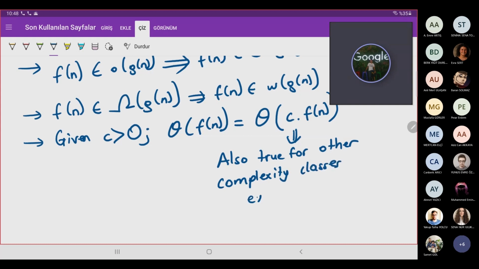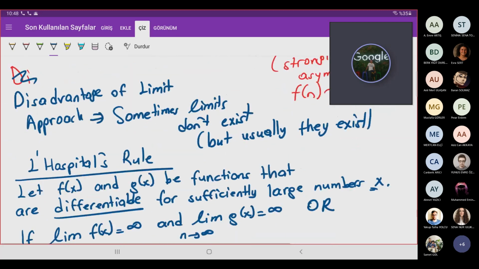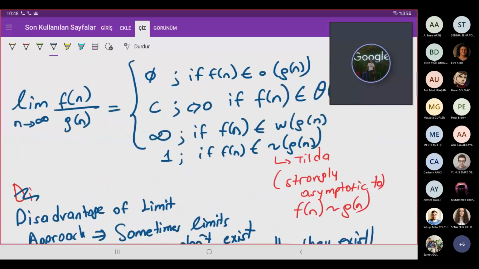Except this very rare complexity class, which was tilde. Remember what tilde was? I think we talked about it yesterday. We said that it's just if the constant is 1 here. This is the good thing about using OneNote.